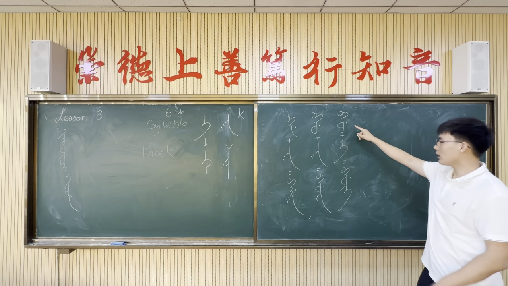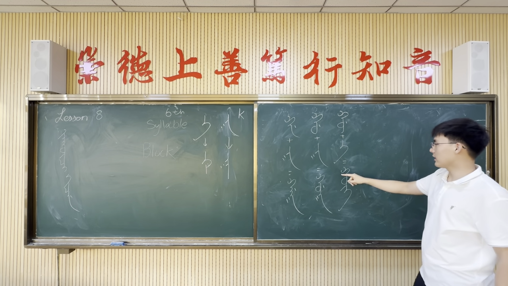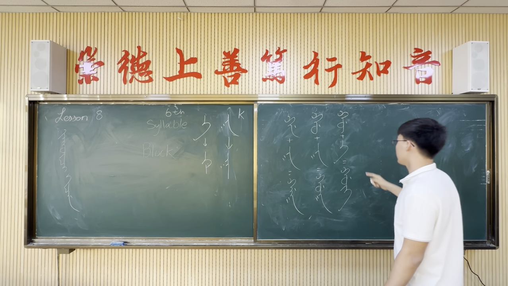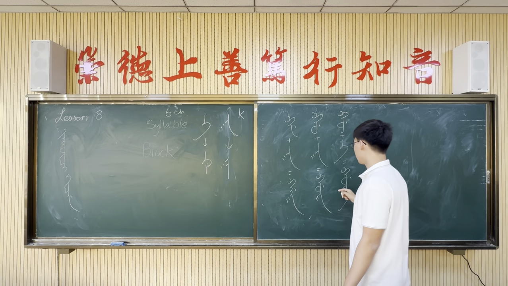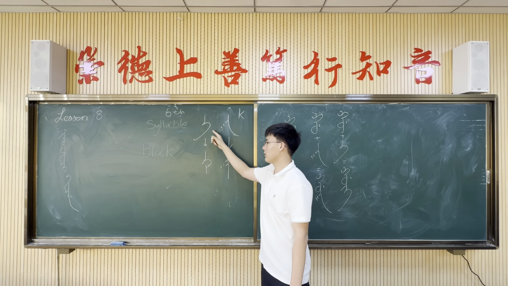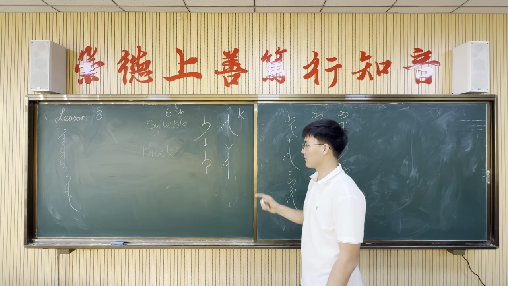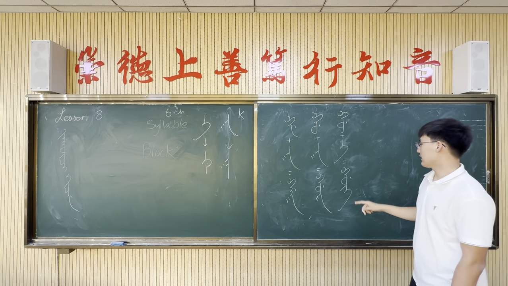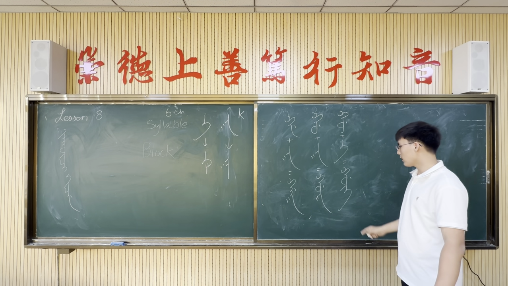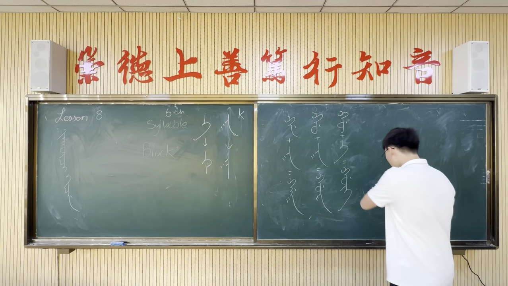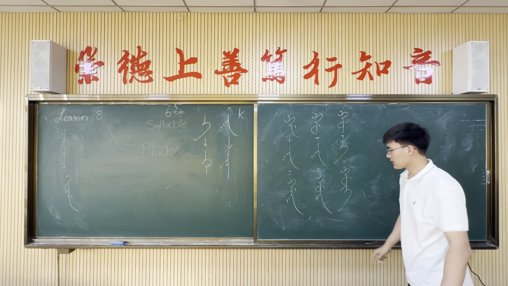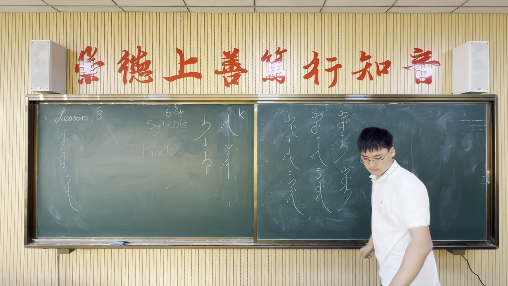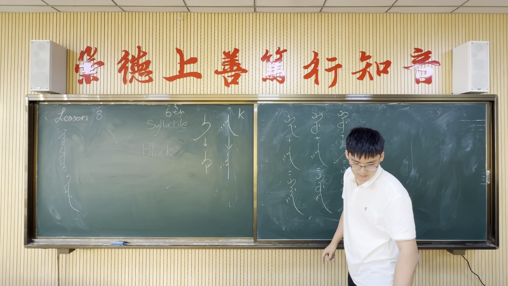Same reason, because of the previous letter being a V. It will use this form when the sixth syllable will use this form. Okay. So that's quark, gak, gok, quark.